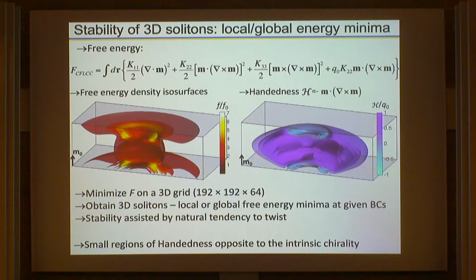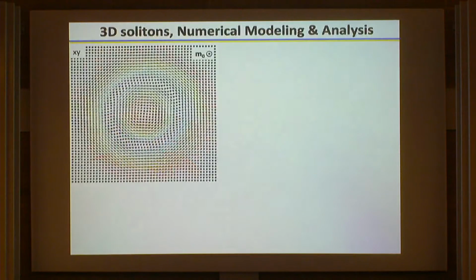This is some form of a compromise that allows us to relieve the system's frustration and embed this kind of twisted localized structure within a large volume of the solitonic configuration, but at the expense of the presence of small regions of opposite twist.